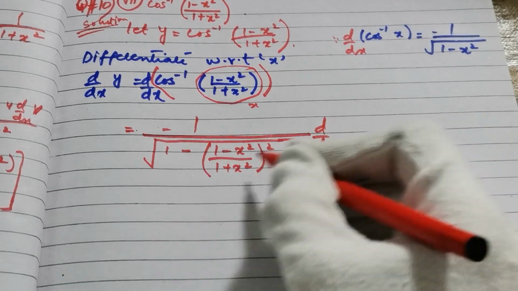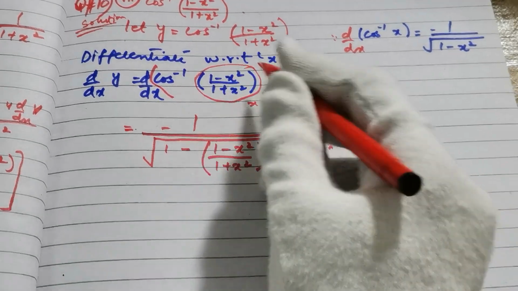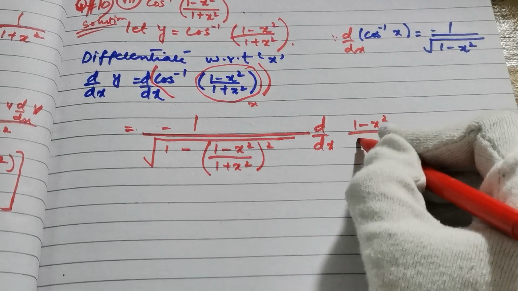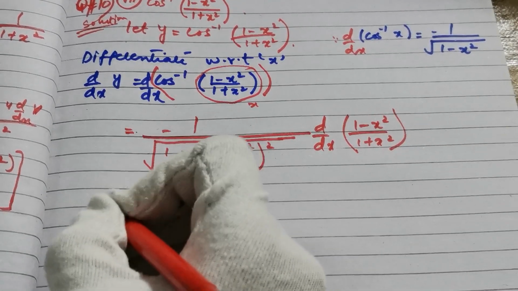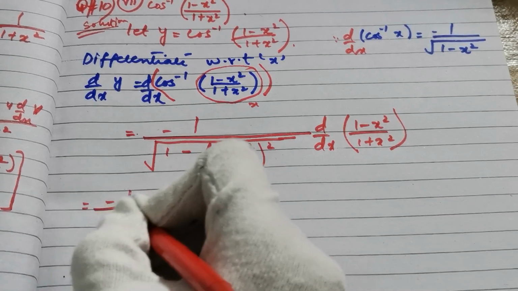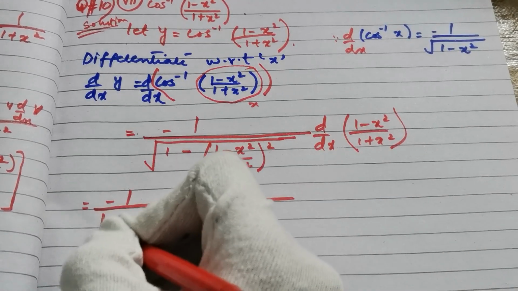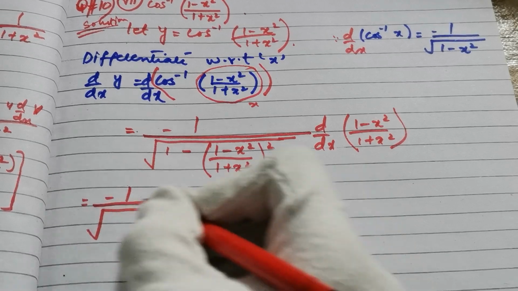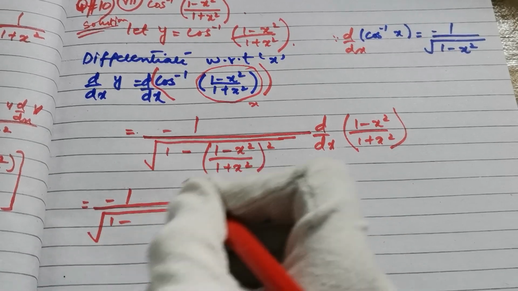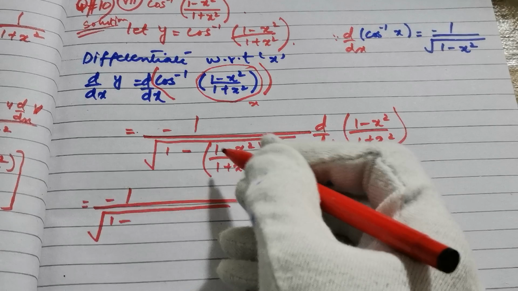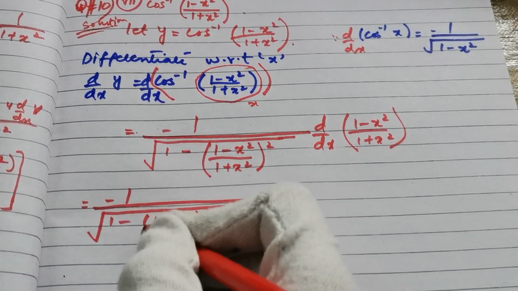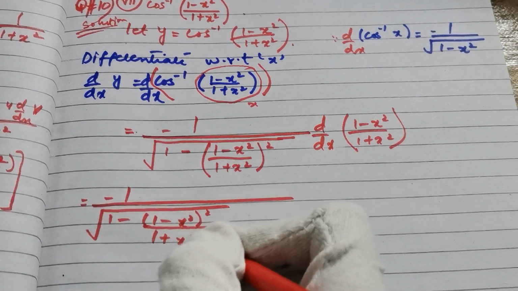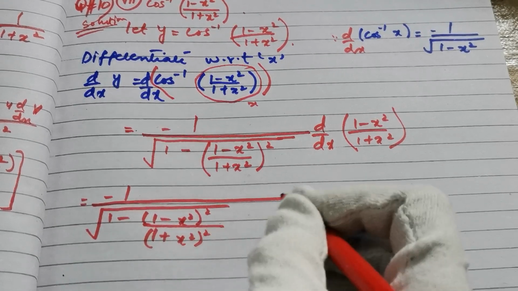Now we can see this is not a simple x, so we'll differentiate (1 minus x square) by (1 plus x square). Further we simplify this: minus 1 divided by under root 1 minus, splitting the whole square individually in the numerator and the denominator.